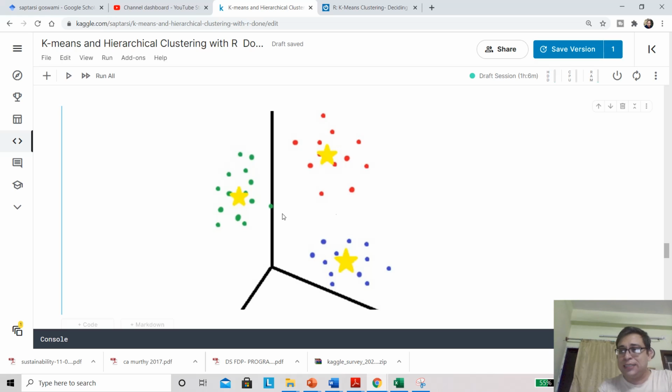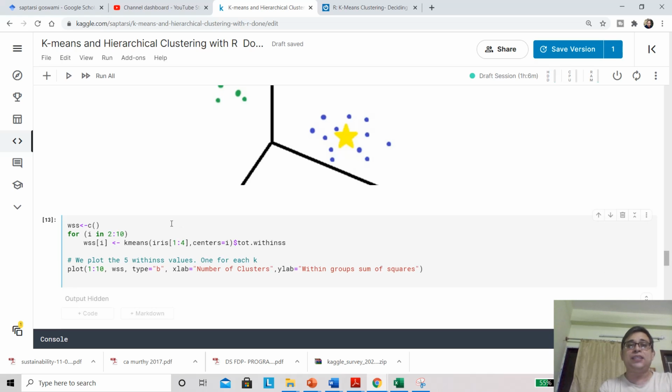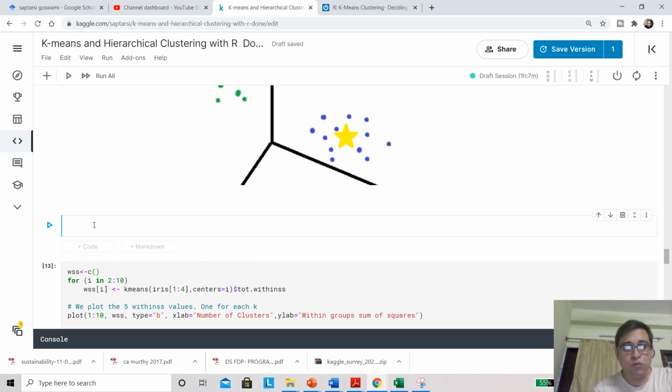Okay, so let's actually run this. Now we are going to run on not this small data set, but on the iris data set. You already know about this iris data set, so I can quickly give you a glimpse. So iris is loaded, and if you just look at it, the data will be something like this.